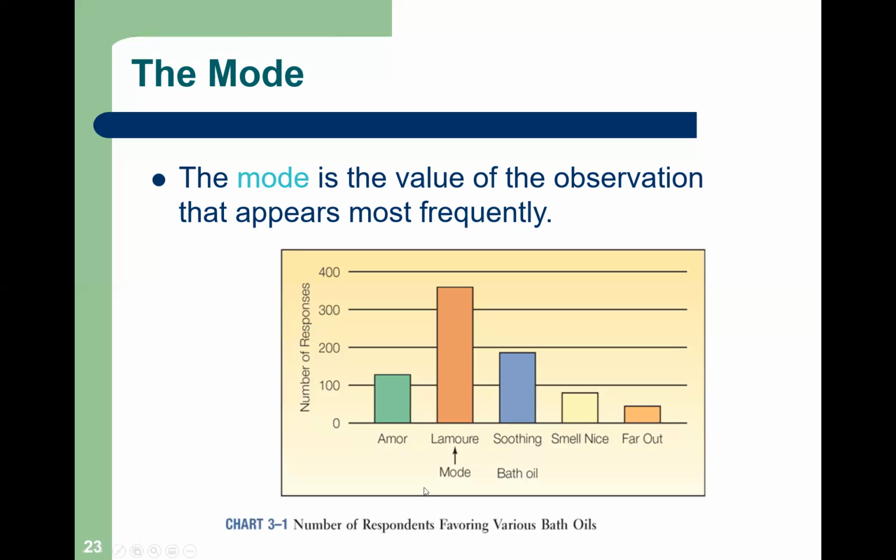The second choice, lemon, is a bath oil liked by most of the respondents, around 375 if I calculate the length of this bar. So most of the people like this oil. That's why this is the modal value, because this is the most repetitive value.